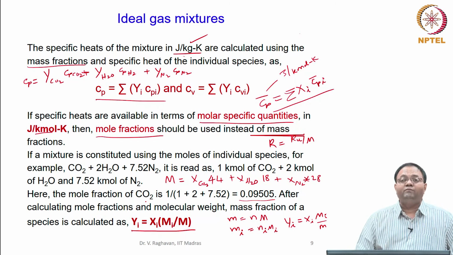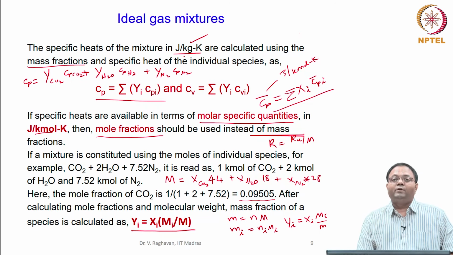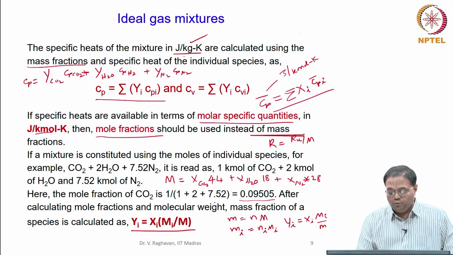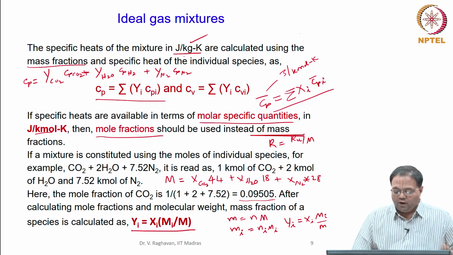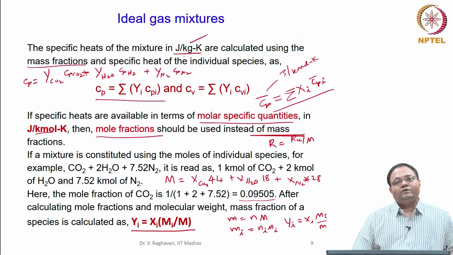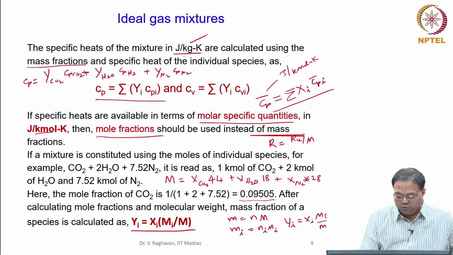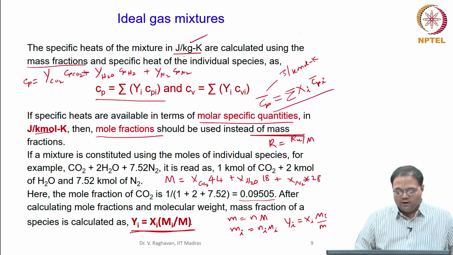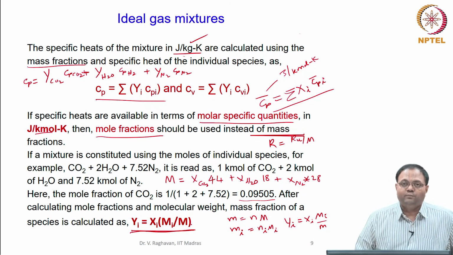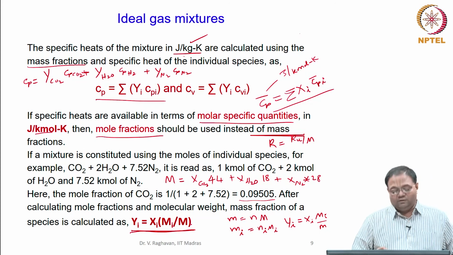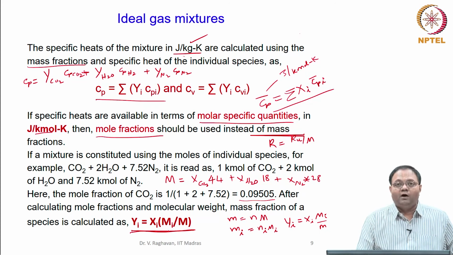For example, for CO2 it is 1 by (1 plus 2 plus 7.52), and so on. Once the mass fraction is known, mole fraction can be calculated, or otherwise if mole fraction is known, mass fraction can be calculated using this equation, yi equal to xi times Mi by M, where Mi is the individual molar mass divided by the molar mass of the mixture.